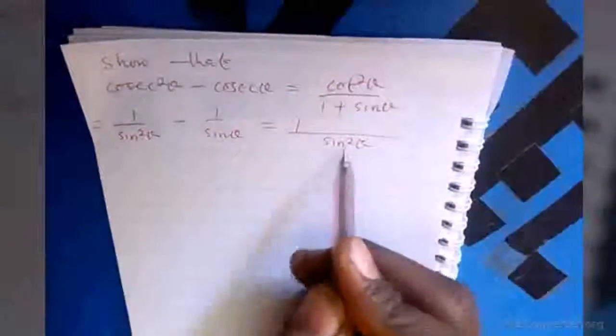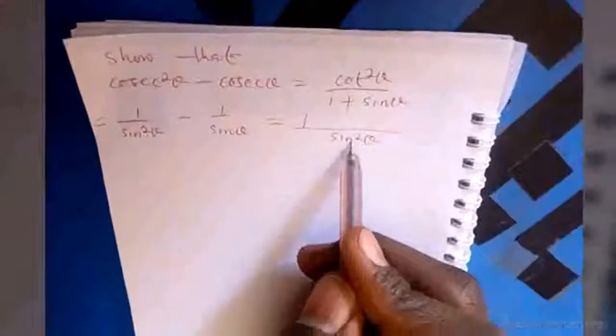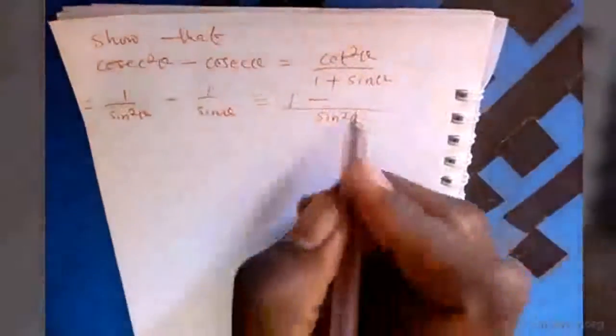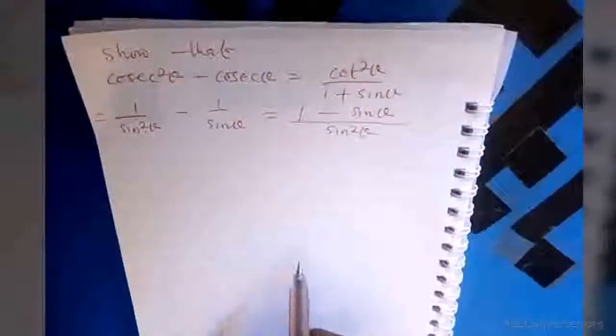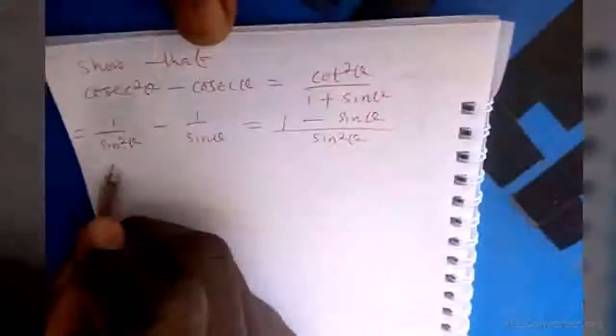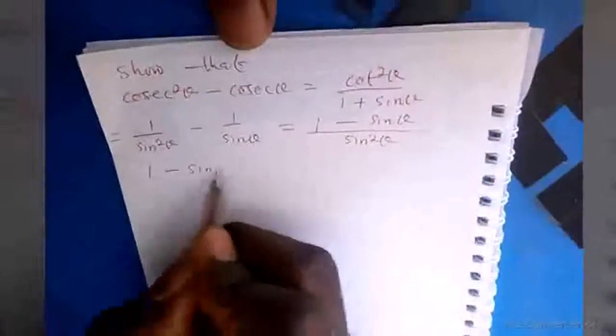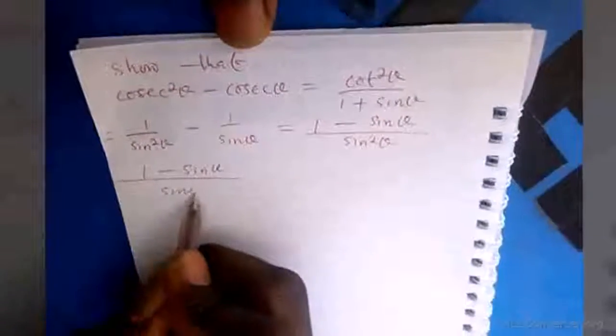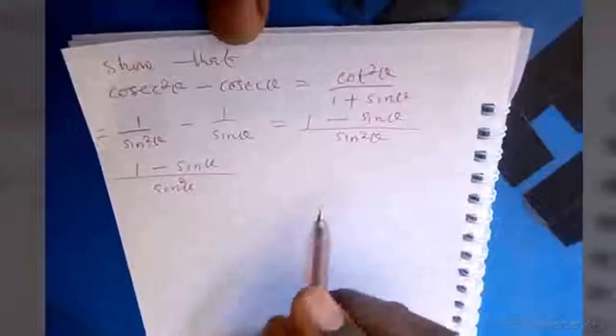But sin theta into sin square theta enters sin theta times, therefore sin theta times 1 equals sin theta. Therefore, we have 1 minus sin theta over sin square theta.